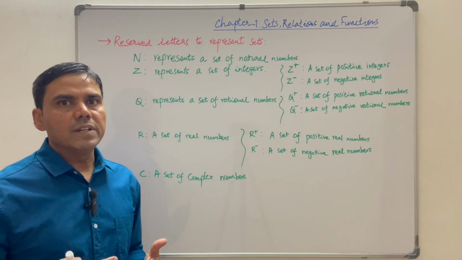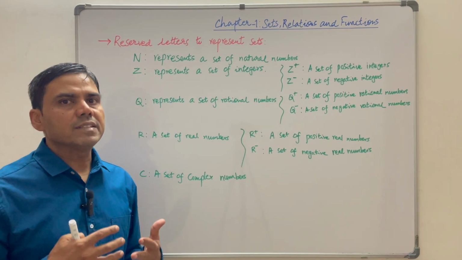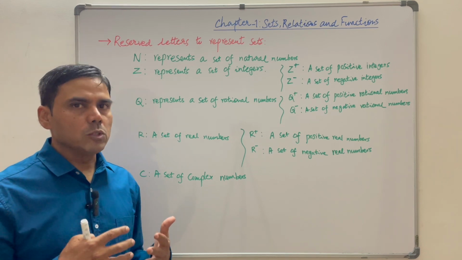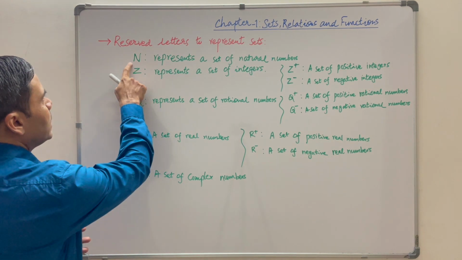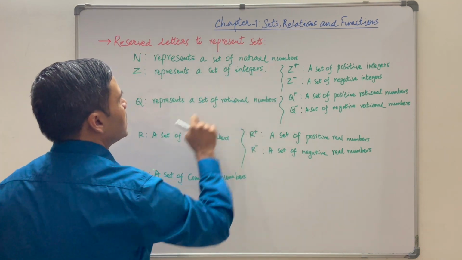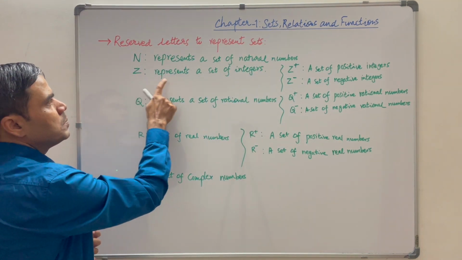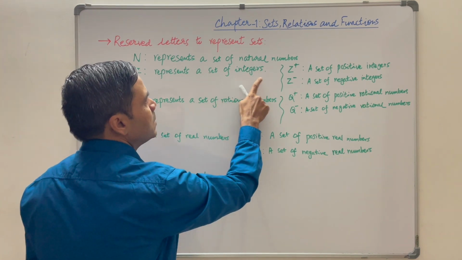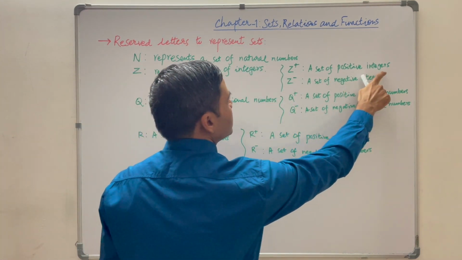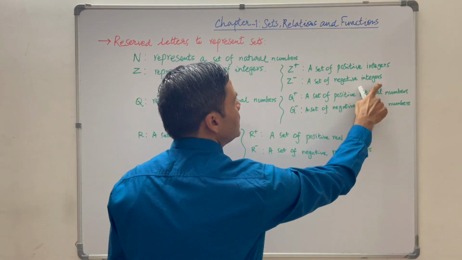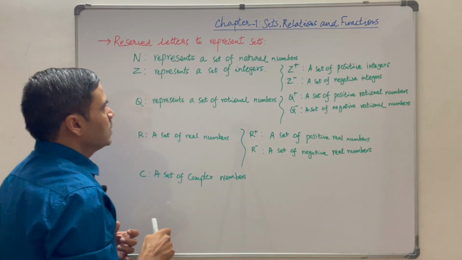There are some reserved letters to represent specific sets. You should avoid using those letters while defining a set. Capital N represents the set of natural numbers. Capital Z represents the set of integers, whereas Z plus and Z minus represent the set of positive integers and the set of negative integers respectively.